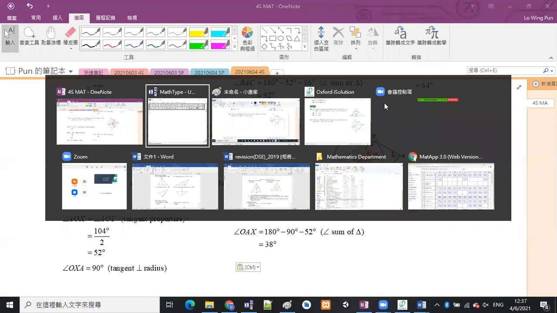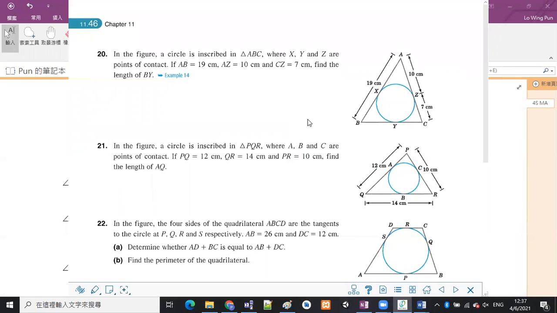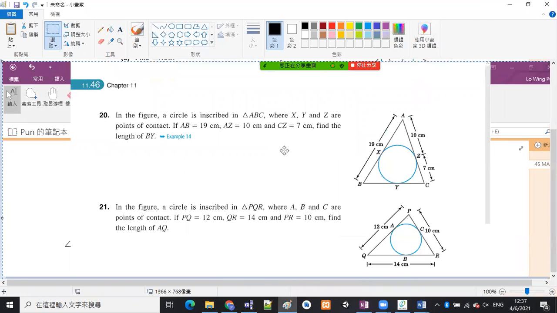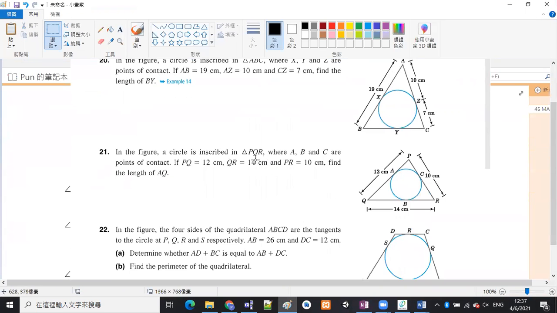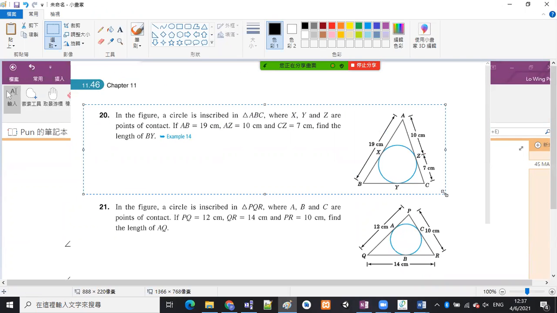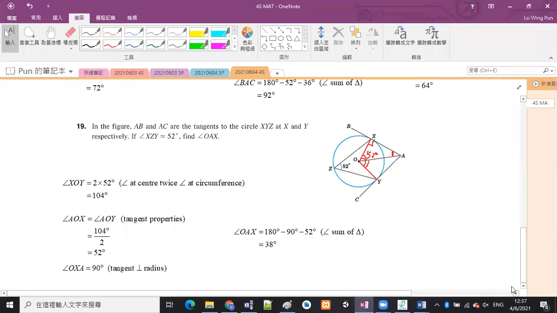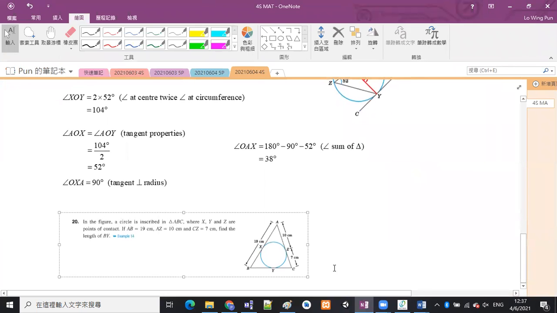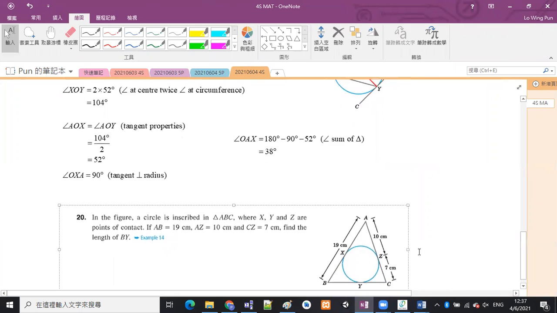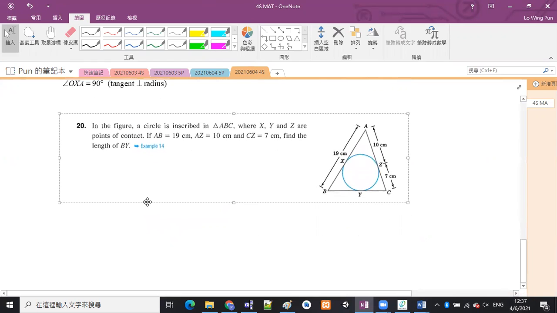Okay, next, number 20. Number 20. So a circle is inscribed in triangle ABC, which means that the sides of triangle ABC, all of them are touching the circle.